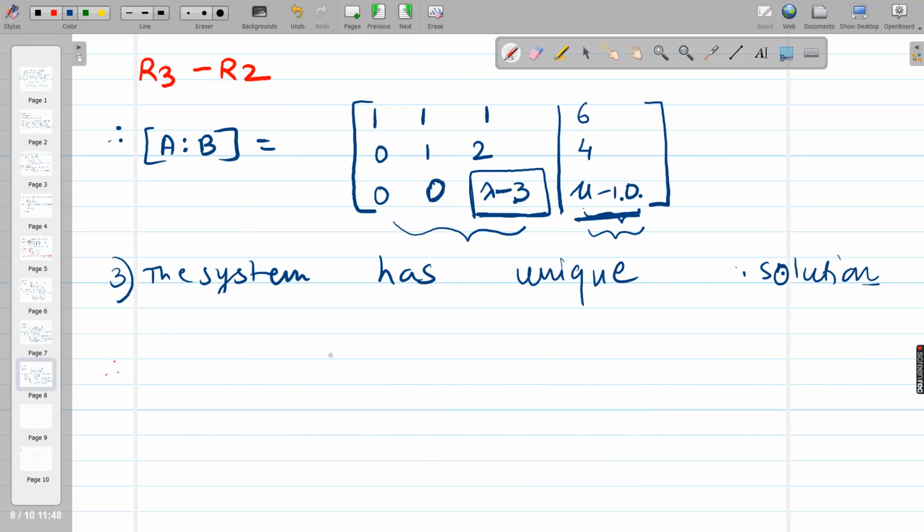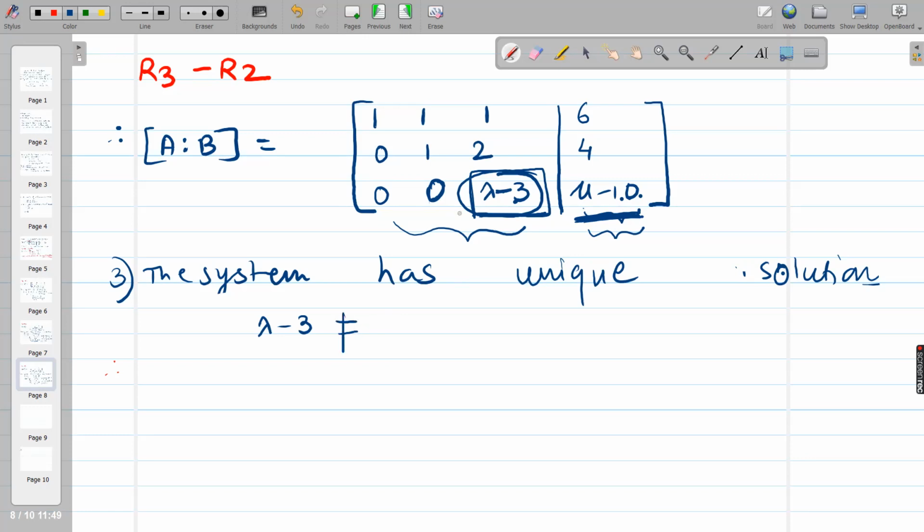The system has a unique solution when lambda minus 3 is not equal to 0. This value should not be equal to 0, and mu may be any value. Even though mu minus 10 becomes 0, that means mu becomes 10, then also the system will have a unique solution.